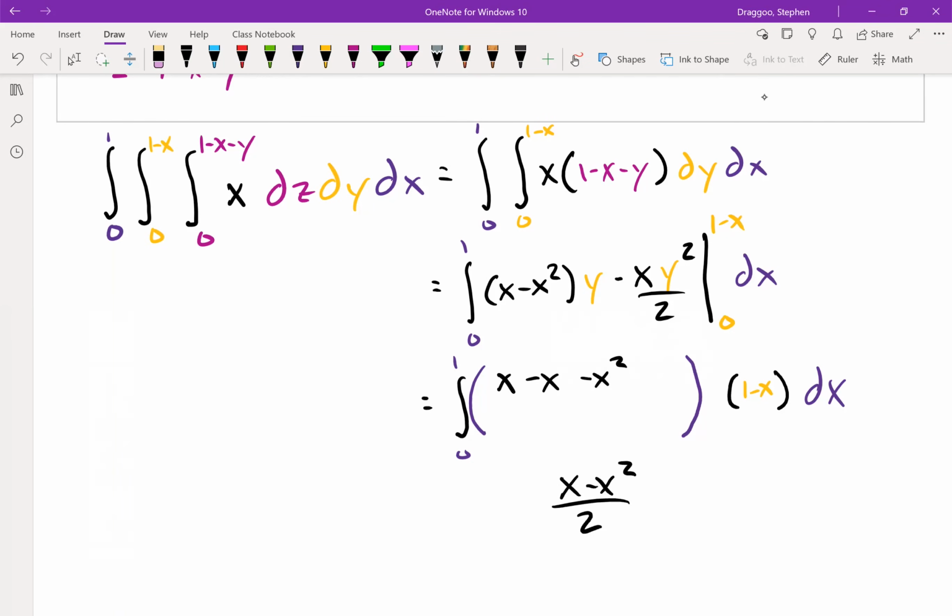That should have been a minus x squared. Yeah. And then we have negative x squared times 1, so minus x squared again. And then negative x squared times negative x should be plus x cubed. All of that over 2.